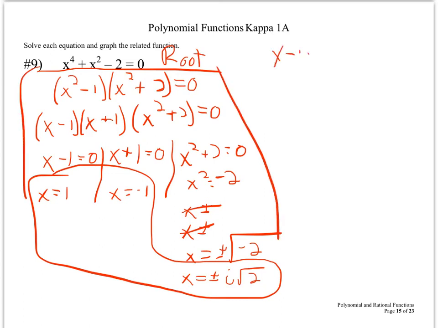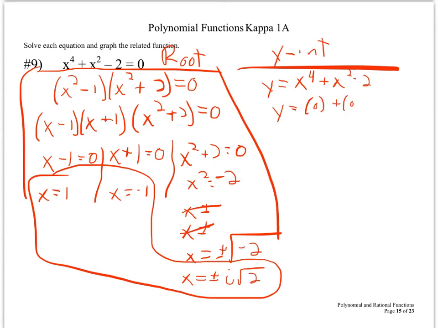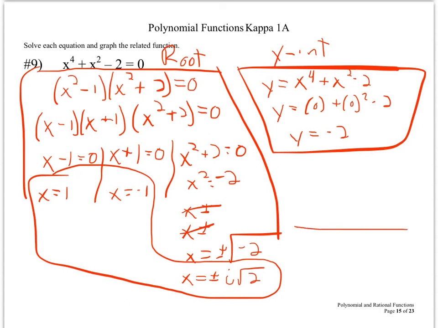To find the y-intercept, take the related function and put 0 in for all of your x's, and you get a y-intercept of negative 2. To graph it, we could easily do this by finding the derivative, finding critical values and critical points.